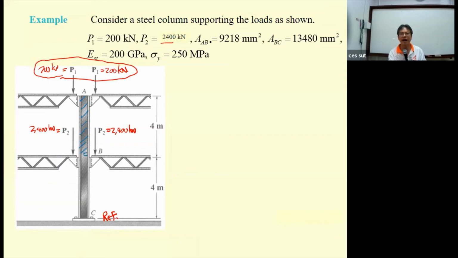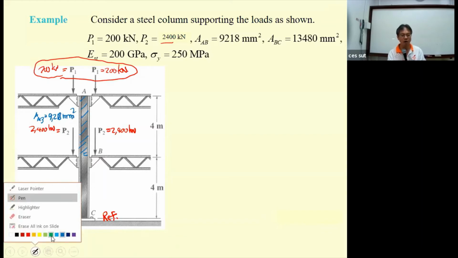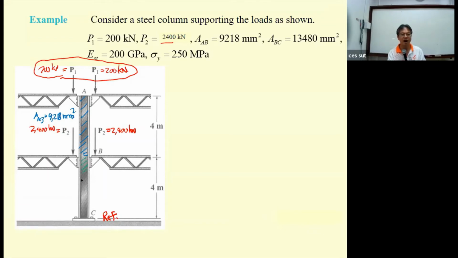The column AB has the area A sub AB equal to 9,218 square millimeter, and the portion BC of the column is a little bit bigger. It has the area of BC of 13,480 square millimeter. Okay, the height of each portion of the building is 4 meters.